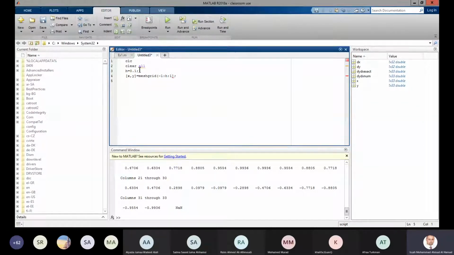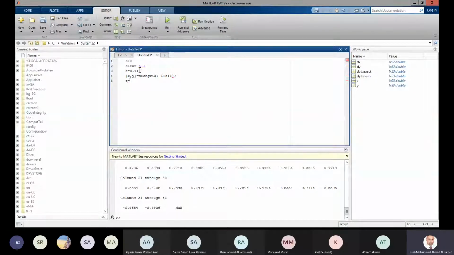Now, don't forget that I have already defined x and y. x and y are all the values from -1 to 1 with an increment of 0.1. So x and y are all these points that are bounded between -1 and 1.